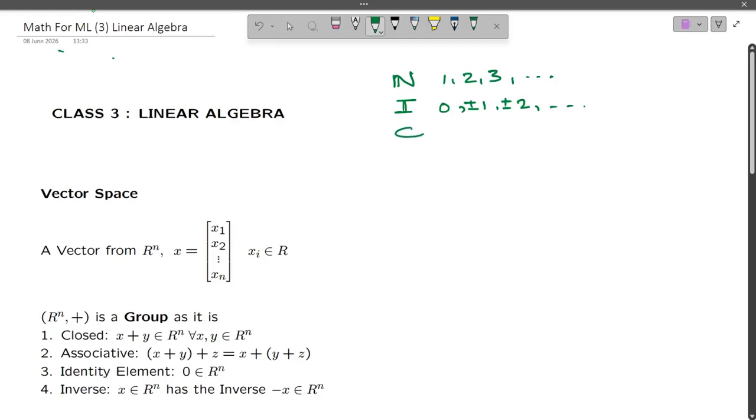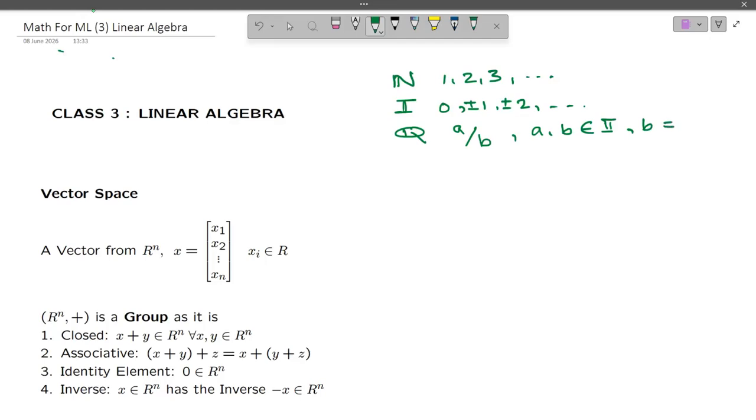Then came the rationals, from the Pythagorean brotherhood. They considered the fractions a by b, where a and b are integers and b not equal to 0. So that is the rationals.